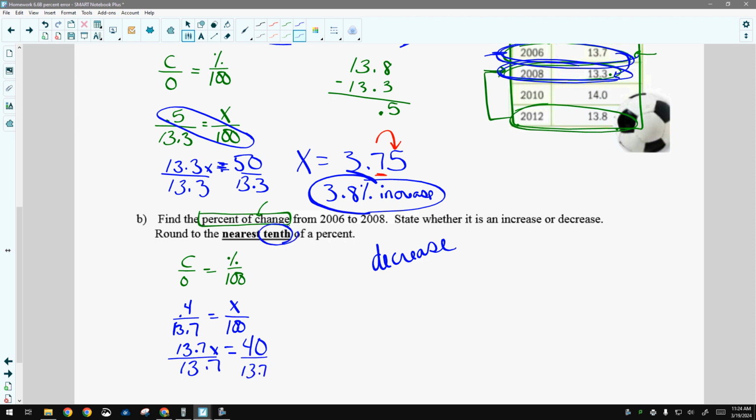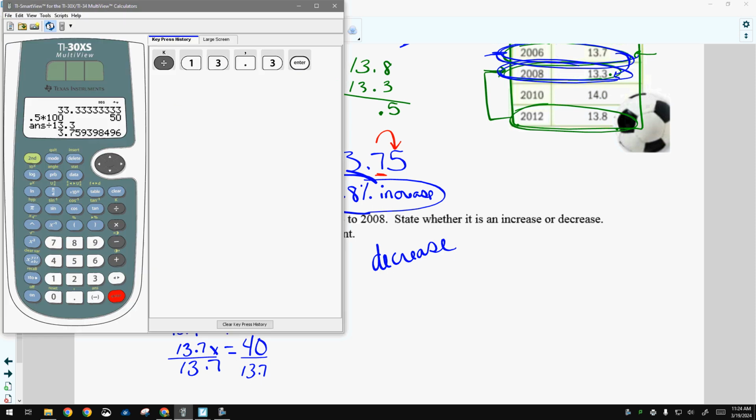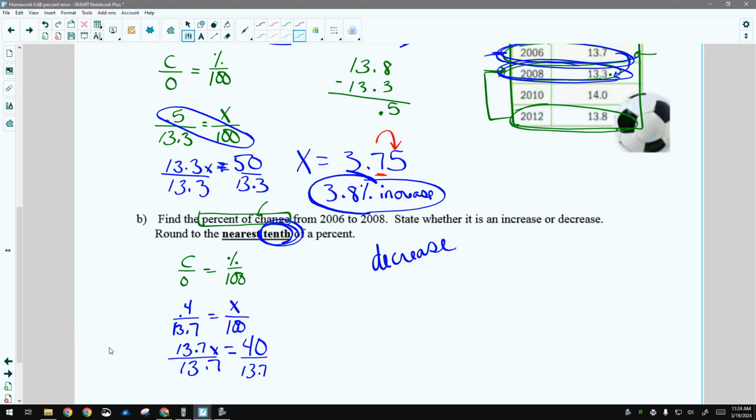Remember, we're rounding to the tenths place again. So 40 divided by 13.7 is 2.91. X equals 2.91. The tenths place is here. 5 or above, give it a shove. That is not. So we're going to have 2.9% decrease.